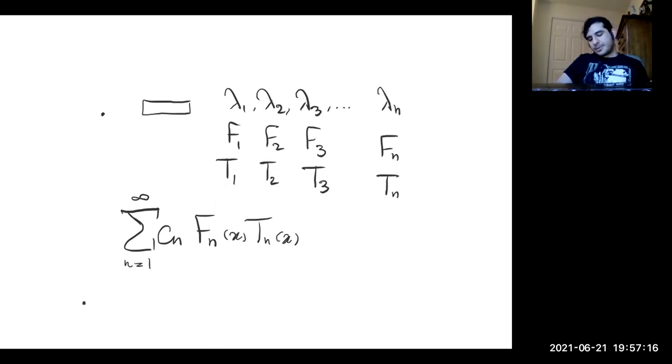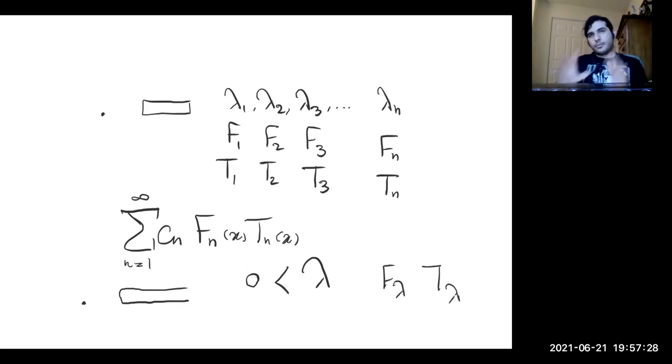Now, in this case, where the bar is infinite, for any positive lambda real number, we have one f lambda and t lambda, and their product is a solution. But they are not countable anymore, and the sum of uncountably many things doesn't make sense, at least in the usual way. When we are talking about a sum in this course, we are always assuming they are numbered, f1, f2, f3, etc. Then we add them.